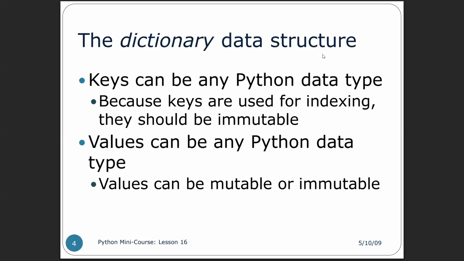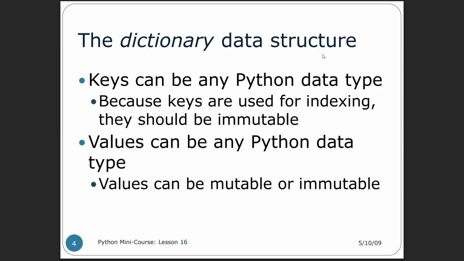Not only keys, but also the values in the dictionaries can be any data type. Whether integers, strings or floats, you can mention whatever data type you like. And also values can be mutable or immutable. That means the values present in the dictionaries can be changed or unchanged.